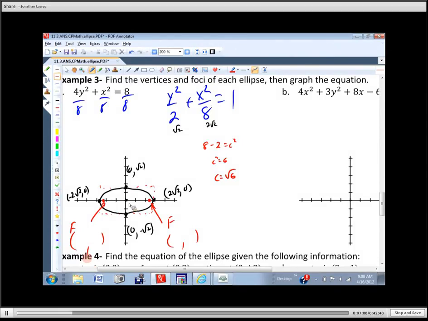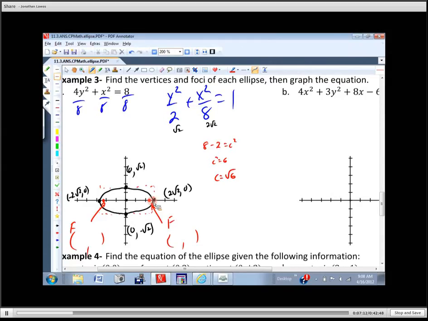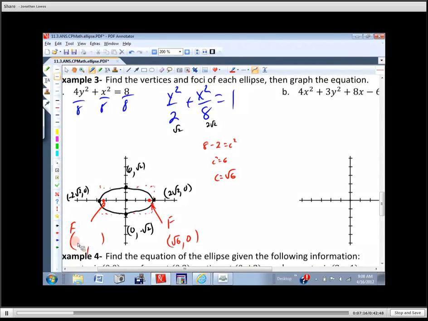I'm at 0, 0, and I go forward radical 6, so that's going to change the x coordinates. So this is just radical 6 comma 0, and this one is negative radical 6 comma 0. Look at all the conjugates we've got floating around there. Lots and lots of symmetry there.